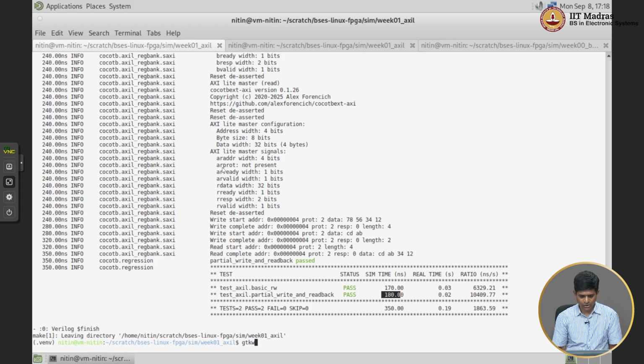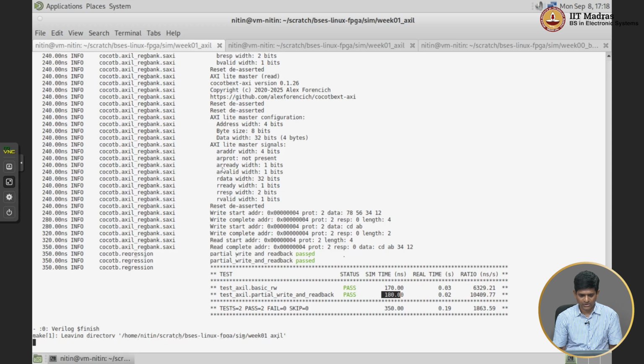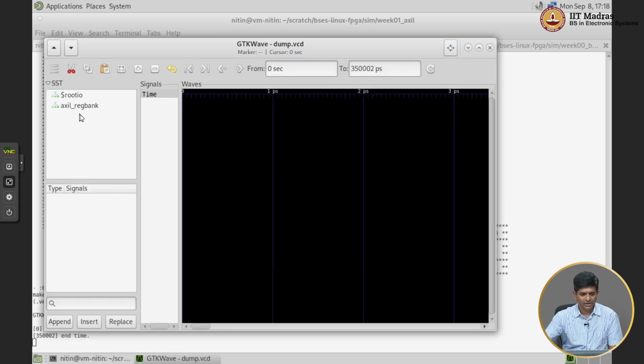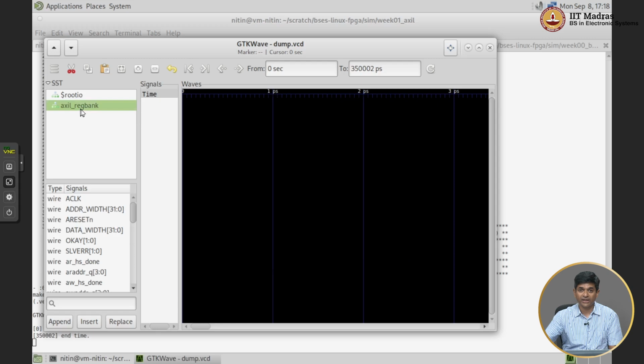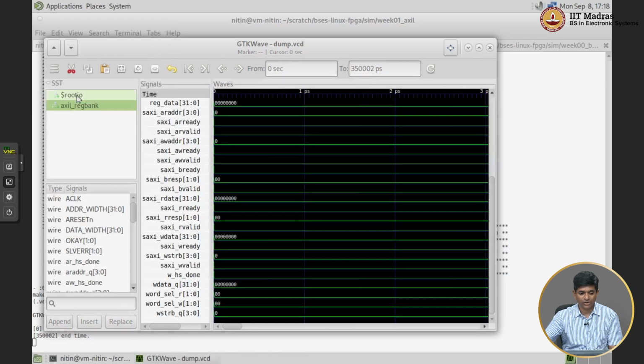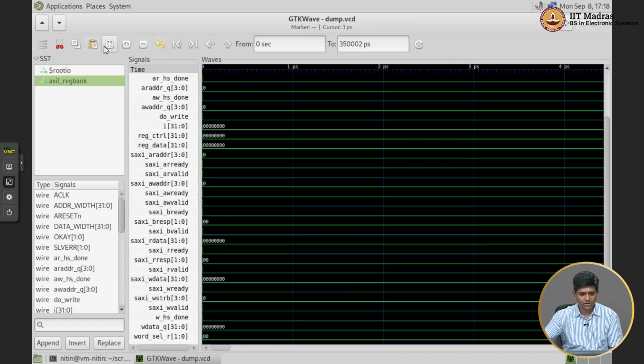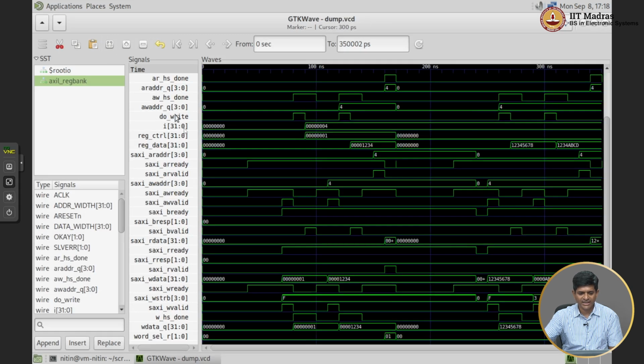And finally, to top it off, you can also open the waveform that it dumps out. We can look at the entire interface corresponding to this AXI reg bank. There are quite a lot of signals out here, but if I zoom out, I can pretty much see all of the AXI handshaking that is happening. I can group the signals together. I can start off with AW valid, AW ready and AW address.